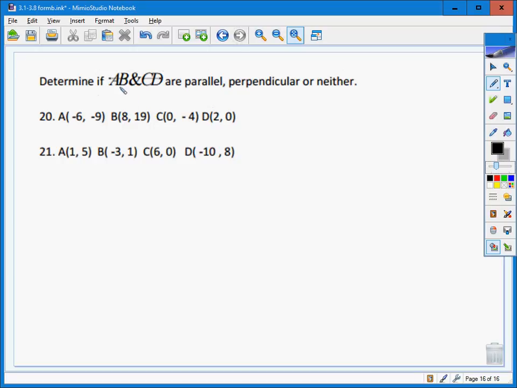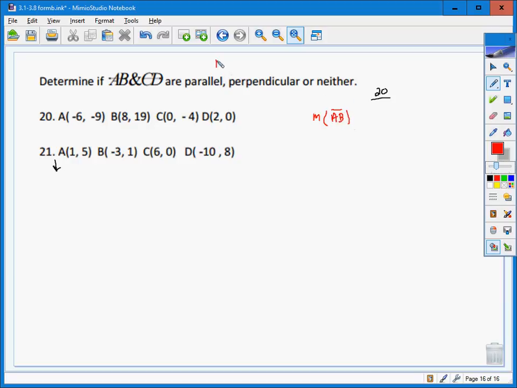Determine if line AB and CD are parallel. So I'm going to work out number 20 over here. I'm going to work out number 21 down here. Slope of AB.